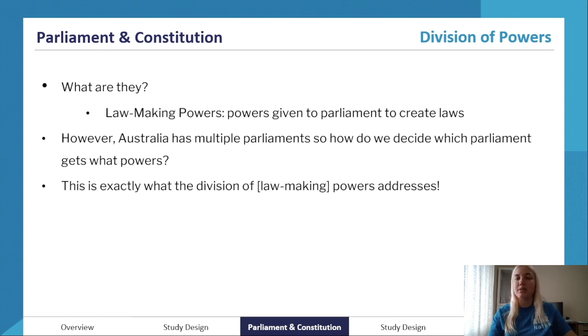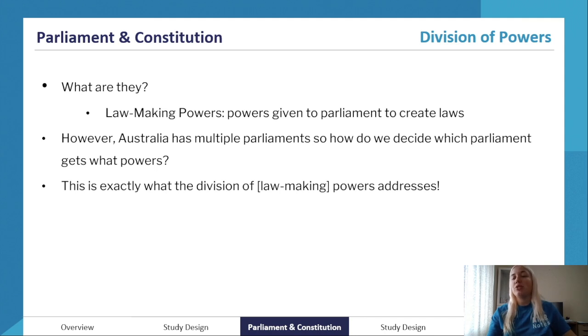What we would have then is inconsistency between those laws, and it would be unclear which is superior. Do I abide by the laws regarding this concept present in my state, or is it the laws at Commonwealth level, at Australian level, that I have to follow?